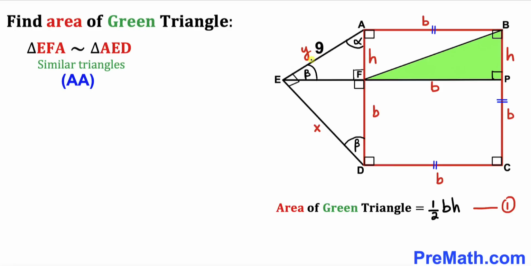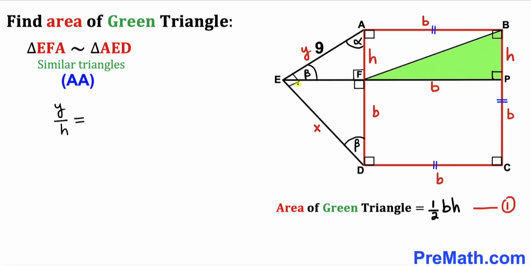Then we are going to have a proportion. Let me look at this. The side opposite to this 90-degree angle is Y. And the side opposite to this angle beta is H. So let me write down Y divided by H equals, let's focus on this bigger right triangle AED.